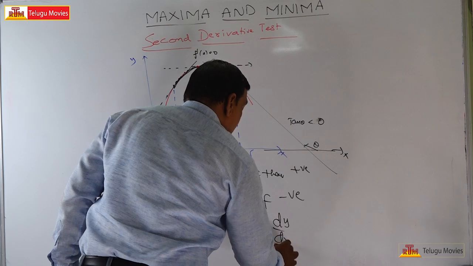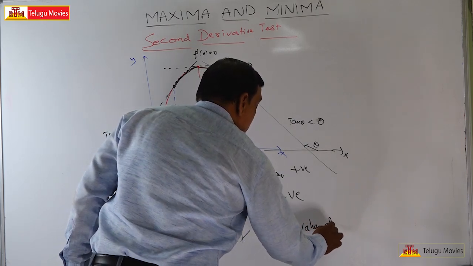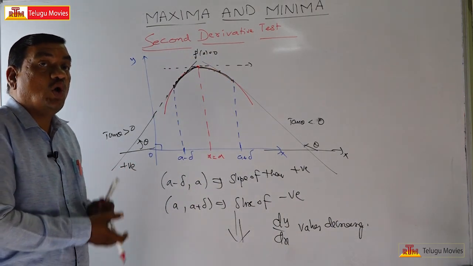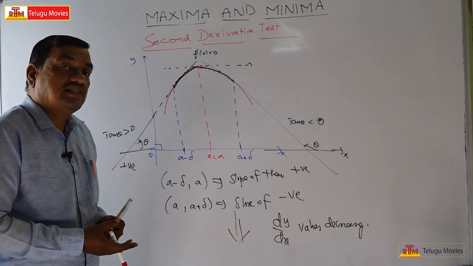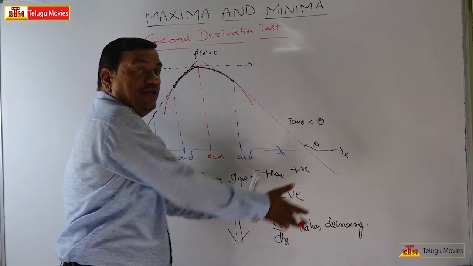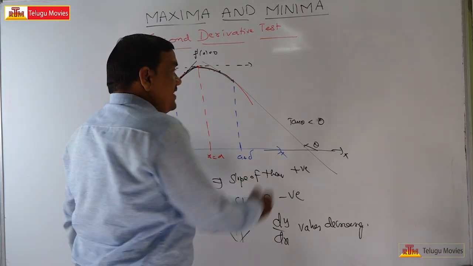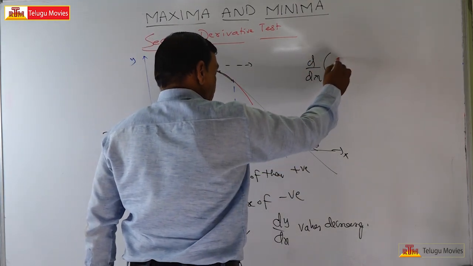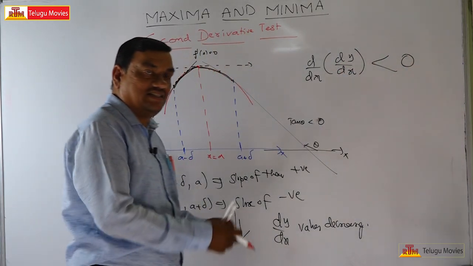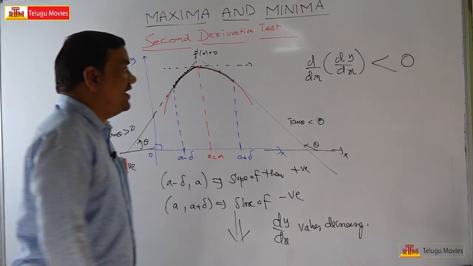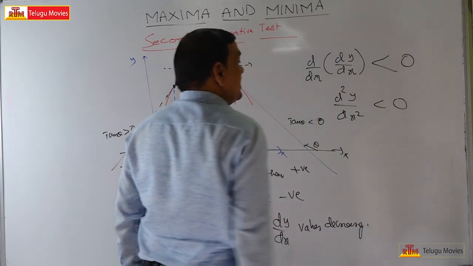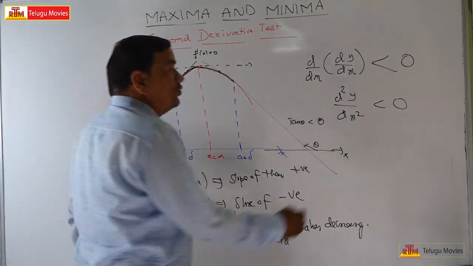The dy by dx values are decreasing. Dy by dx means the slopes of the tangents, which are decreasing from positive to negative. That means the derivative of this is decreasing, less than 0. That's why d square y by dx square is less than 0 at x is equal to a.